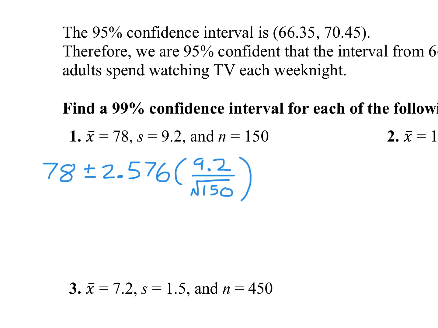Data would be if they just gave us a long list of numbers. So go to stats, and where it says lowercase sigma, put in 9.2. x bar is 78, n is 150. For C-level, put 0.99. You cannot put 99; it'll give you an error because it wants a number between 0 and 1. Then they give you the confidence interval.